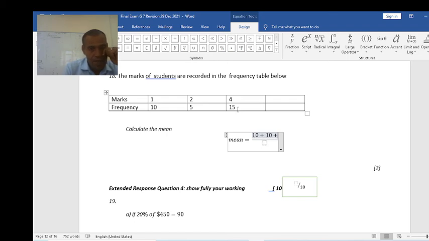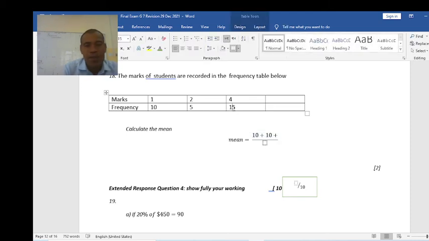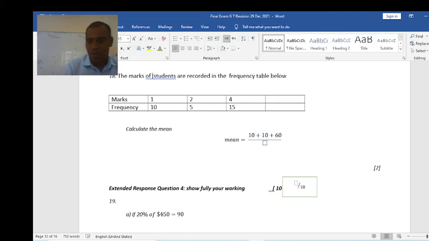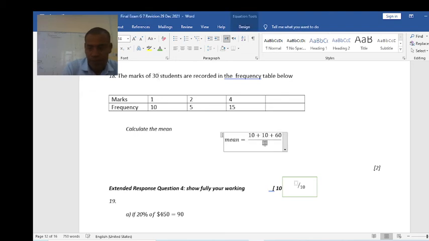Okay, it will be 20. Okay, no problem. 4 multiplied by 15 is 60, plus 60, divided by what? The total of the students. We told 10 plus 20 is 30 students. Okay, divide by 30. Okay, this one equals what, my learners?